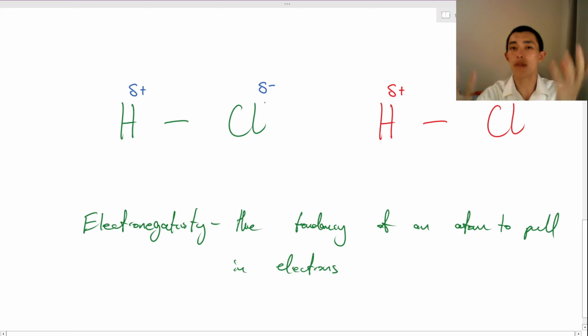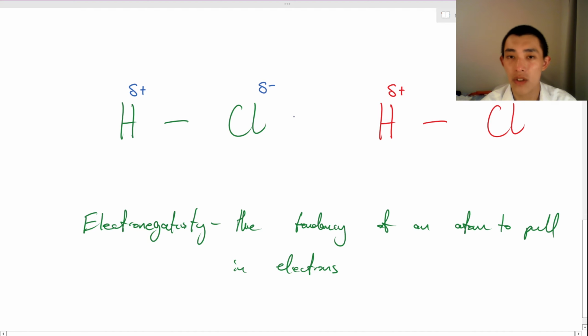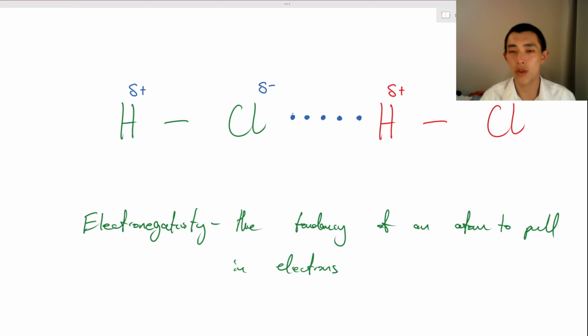Positive and negative want to combine, just like how north and south want to combine. Because opposites attract, there is going to be a bit of an attraction between these two atoms. The chlorine is negative. It says, hey hydrogen, I think you're very beautiful because you're so positive. And vice versa.